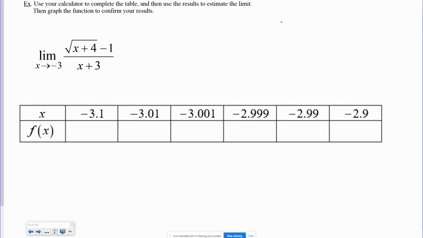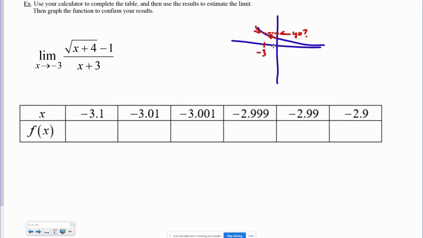If I graph this function, and I don't know what this function looks like, but at x equals -3, the question is, as x gets closer and closer to -3 from the left and from the right, what is the y value that y is approaching?